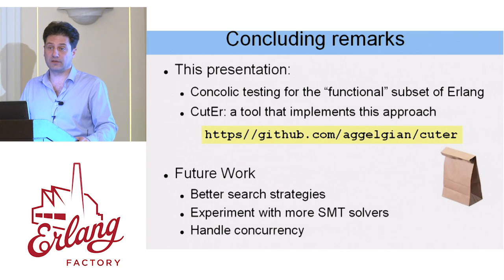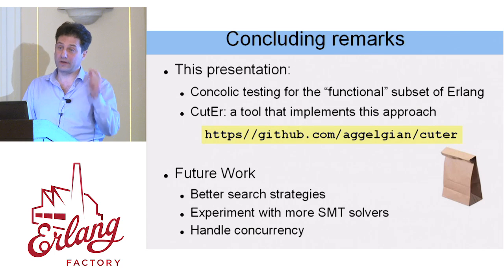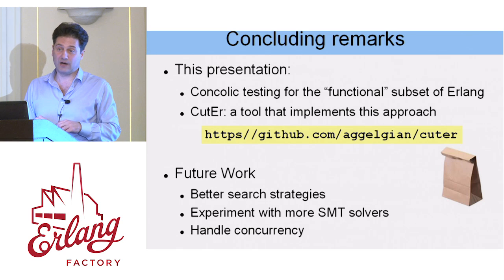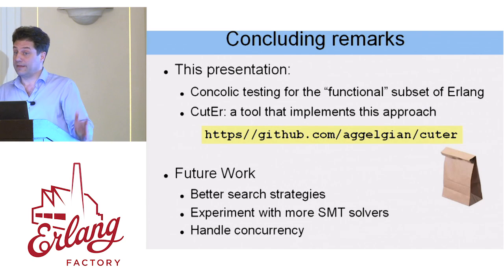As a matter of fact, we had to make changes to one file in OTP that does the pattern matching compilation, and we are carrying this around as part of CutEr's code base. So I doubt that it will be so easy to support previous versions. Thanks for the questions.